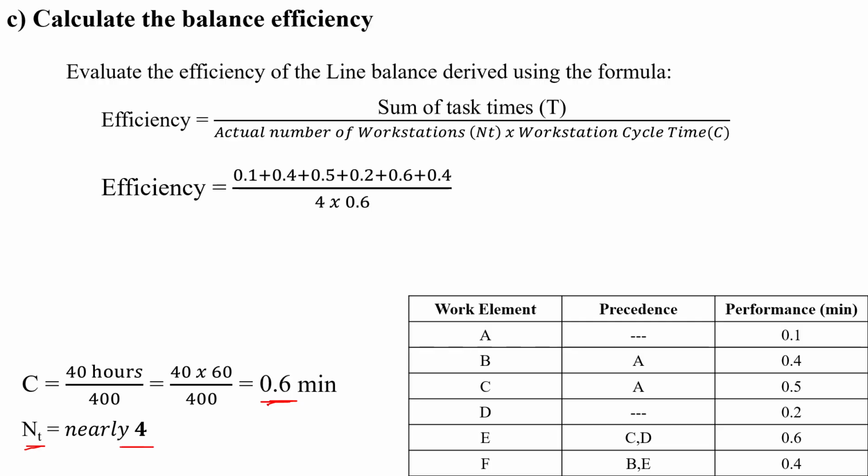Then efficiency will become the sum of task times, 0.1 plus 0.4 plus 0.5 plus 0.2 plus 0.6 plus 0.4, divided by the number of workstations, 4, times the cycle time C, 0.6. Then efficiency will become 2.2 divided by 2.4, which is equal to 0.9167. So this is the solution and thank you.